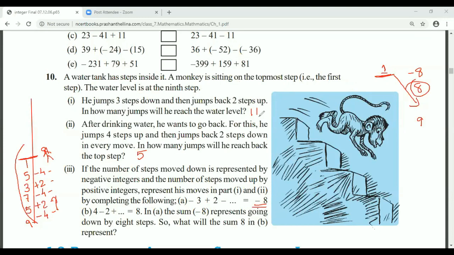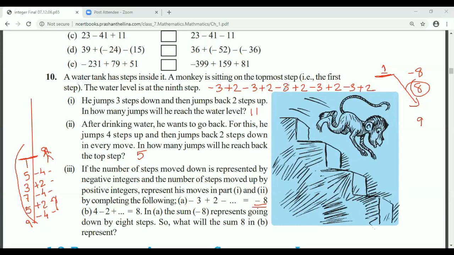Now, as per the first question's answer, there are 11 jumps. The first jump is -3, the second jump is +2, then again -3, then +2, -3, +2, -3, +2, -3, +2.